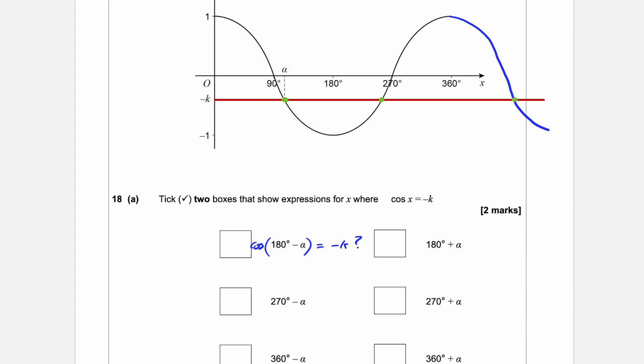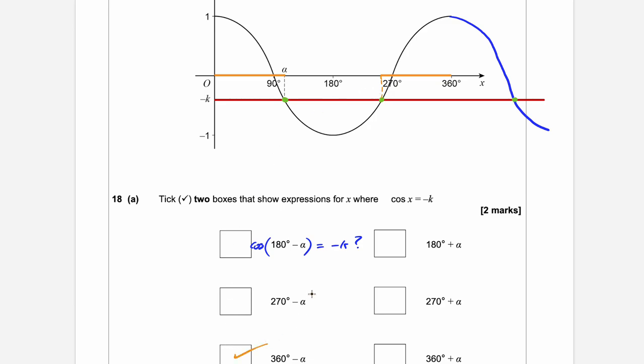This distance from here to here is alpha. Now this distance, because it's all kind of symmetrical, from here to here, is the same as this. So this here is actually 360 minus alpha.